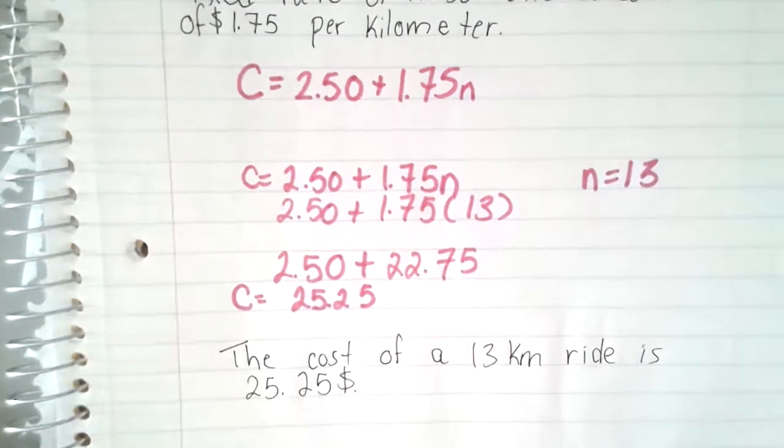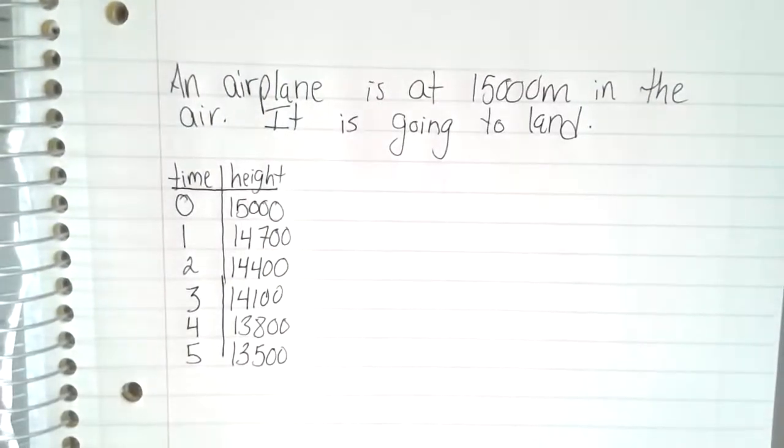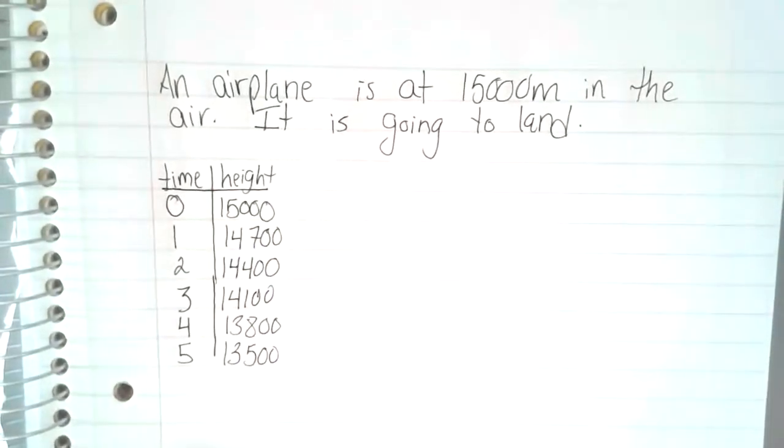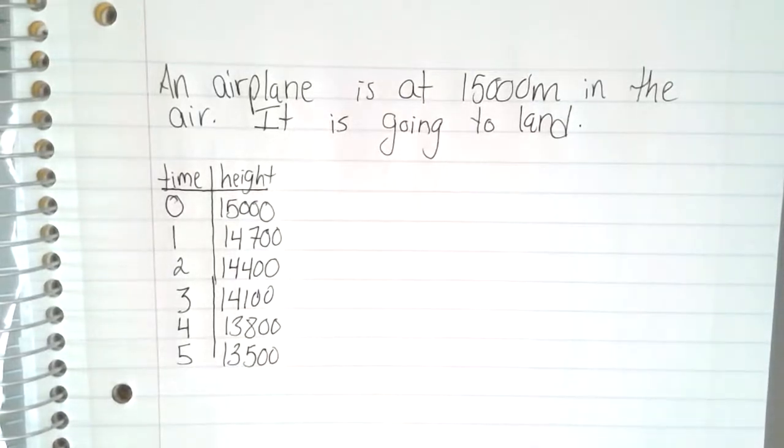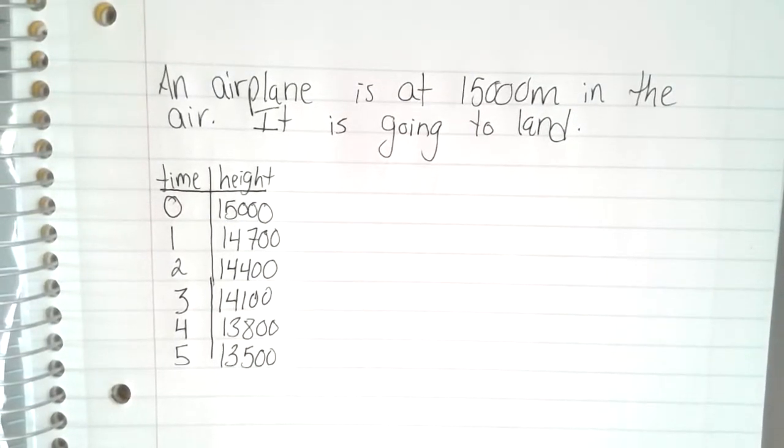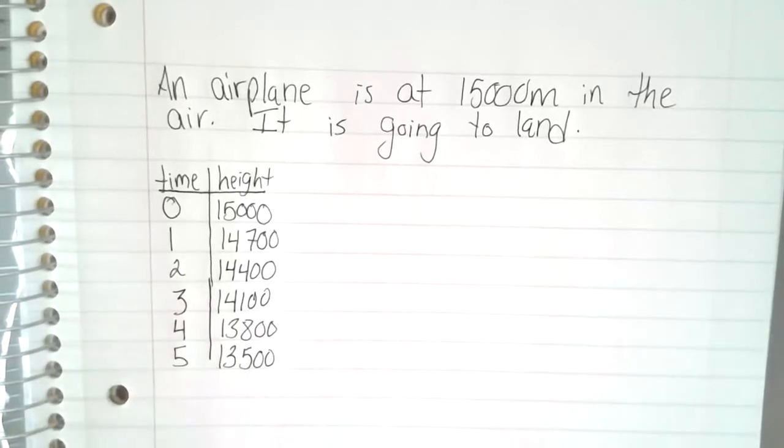Another thing you might see would be a situation similar to this. You might be given something like an airplane is at 15,000 meters in the air. It is going to land. And you might be given a chart like this and then asked to look at it and see what you are noticing. I would advise you look at each of the two columns separately.